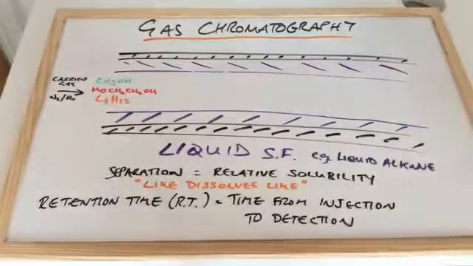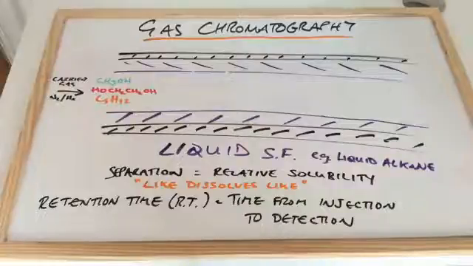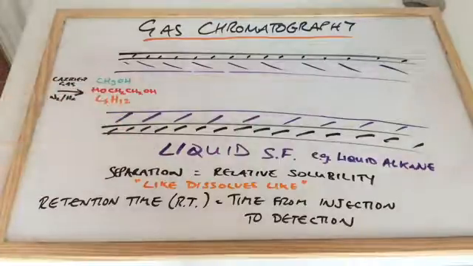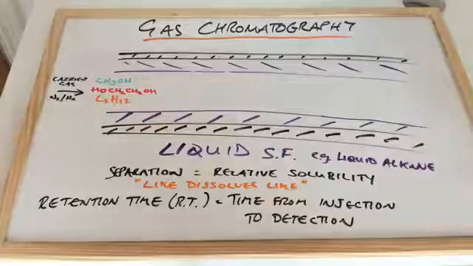So I'm going to get you to think now. I've changed A, B and C into some actual named molecules. So we've got methanol in green, we've got ethane-1,2-diol in red, and we've got pentane in orange. And you'll notice I'm saying now that the stationary phase is a liquid alkane, so something with a very high boiling point which won't evaporate in the oven.